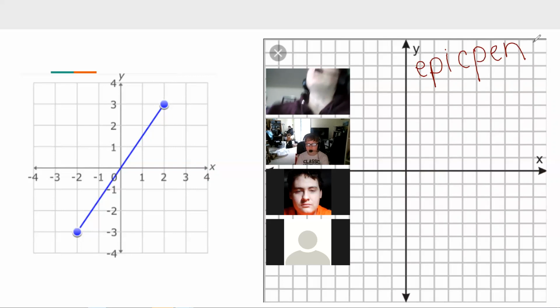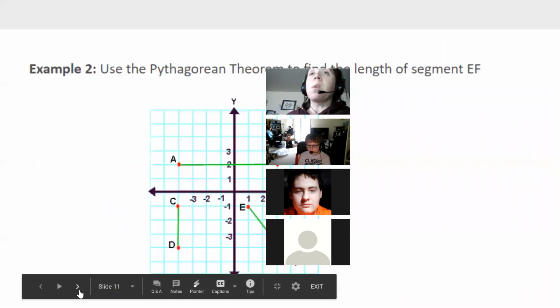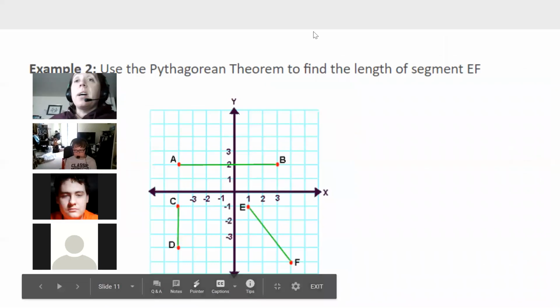It's pretty cool because it's a free way to write right on your screen. So you can use Epic Pen or WebPaint and draw in those lines to help you. And if you want help downloading any of that, just let me know and I will help you.